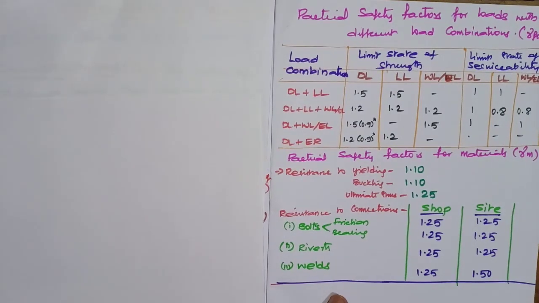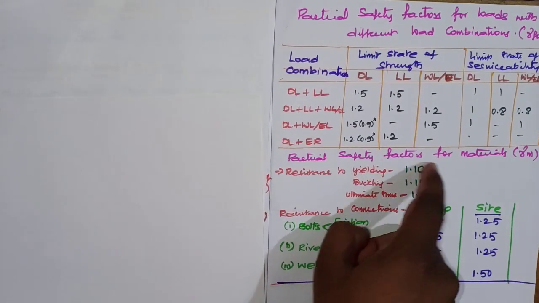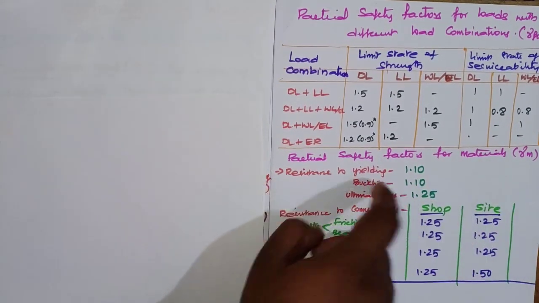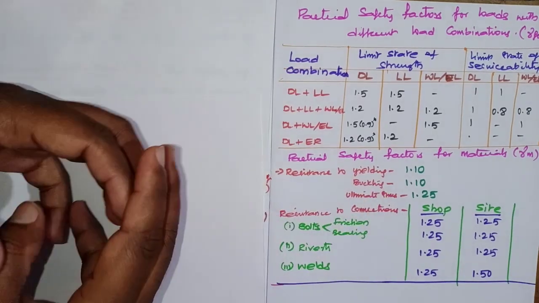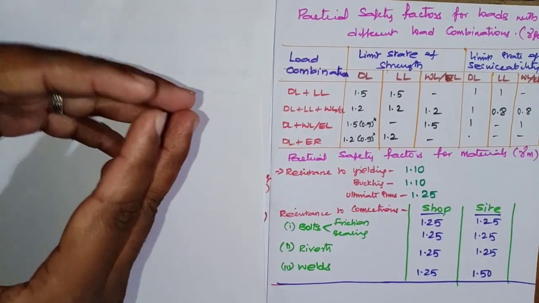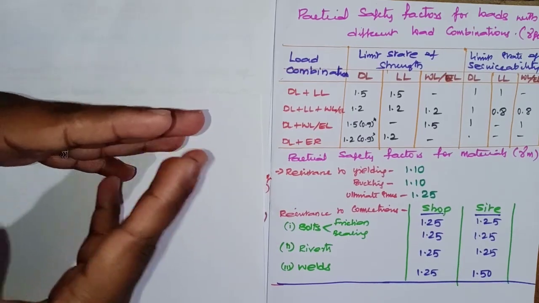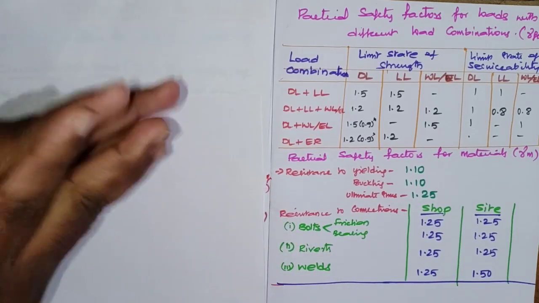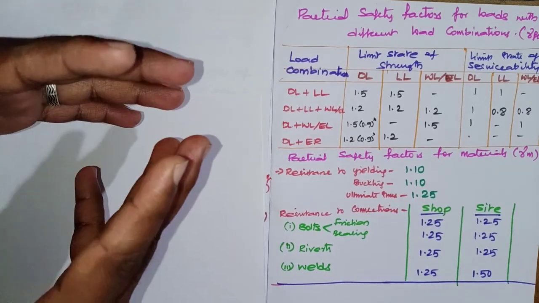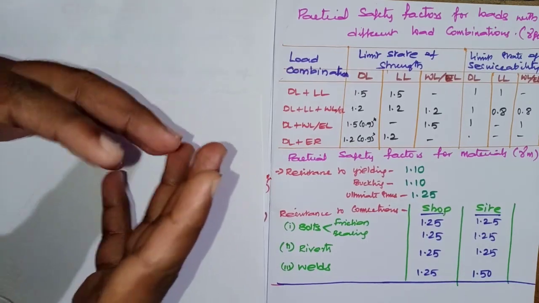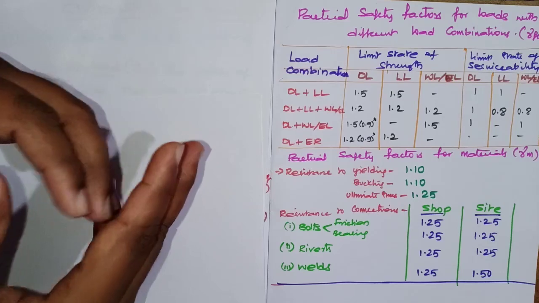And coming to the partial safety factors for the materials, see here under three conditions: yielding, buckling, and ultimate stress, which is nothing but rupture. For those things, in the design of tension members we will be using these values while calculating the cross section: yielding, rupture, block shear, like that you will be calculating.